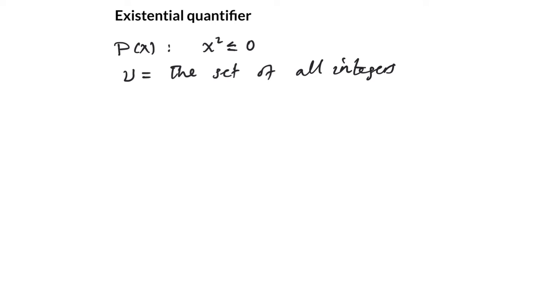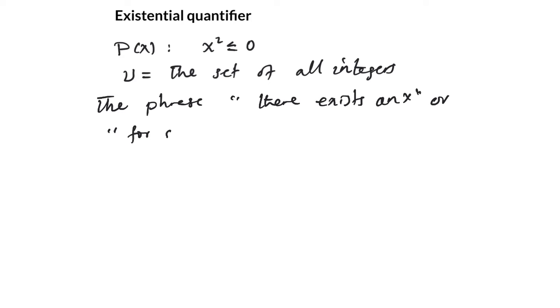So what do we mean by existential quantifier? This is how we represent the phrase "there exists an x," or "for some x," or "for at least one x."